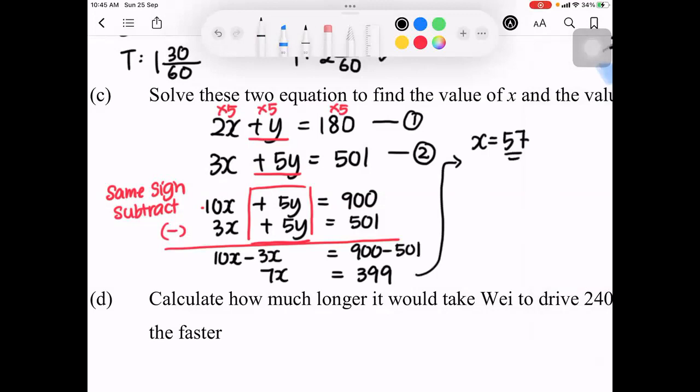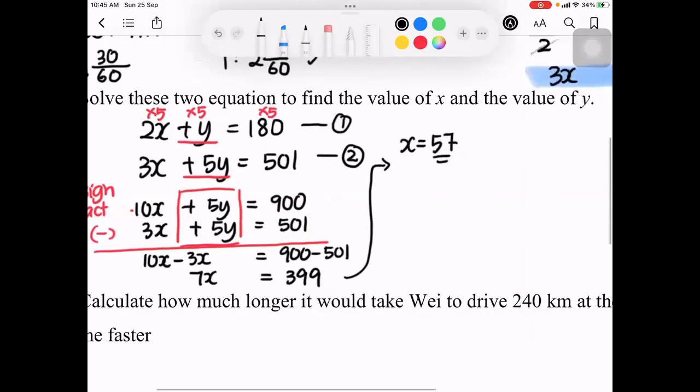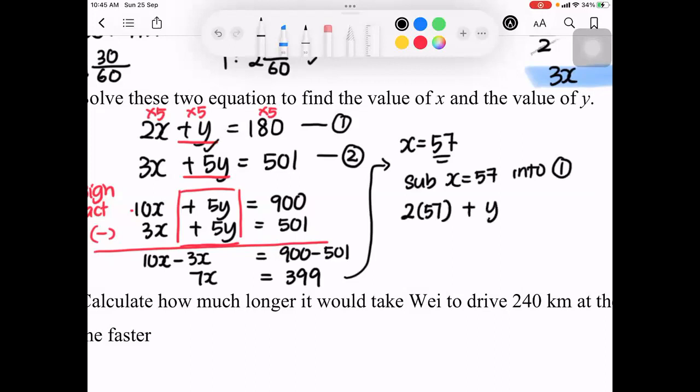Okay, then we want to find the y. I will substitute x equals 57. Maybe I'll put into equation 1 because got y only simply. So 2 times 57 plus y equals 180. Equation 1 is this one, okay? So 2 times x plus y.